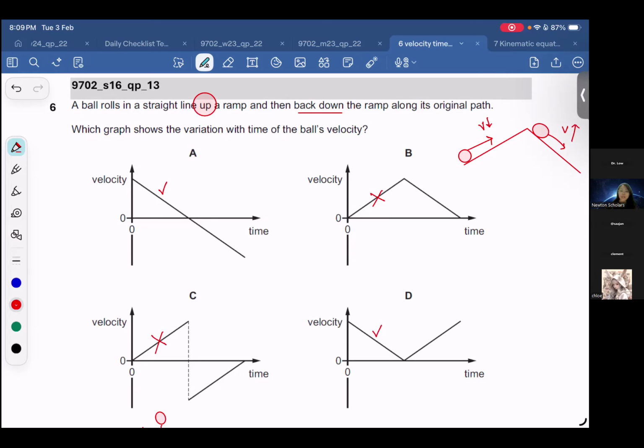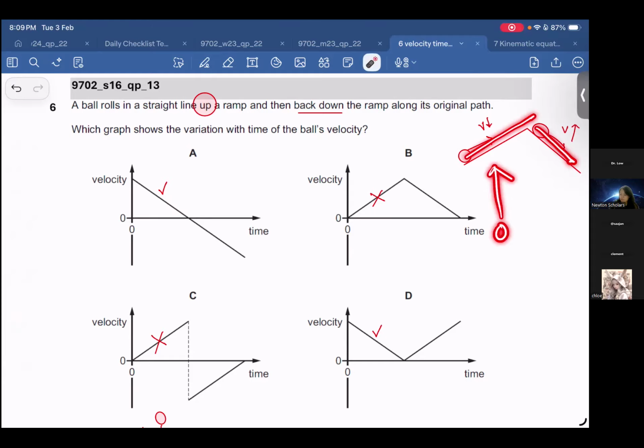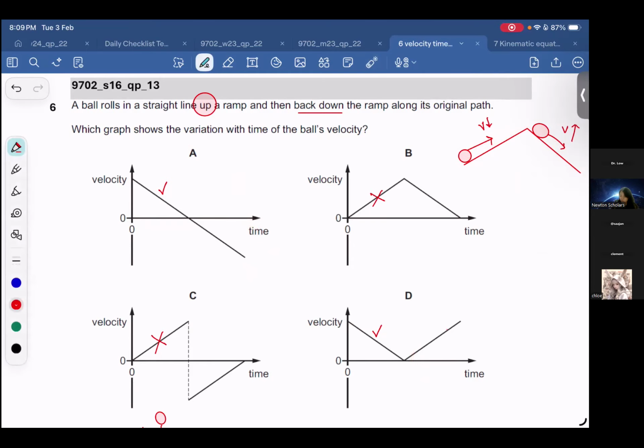But why is choosing D wrong? Can you see that it goes up and then goes down? They are opposite directions, which means you must involve a positive region and a negative region. So D, this part is wrong.